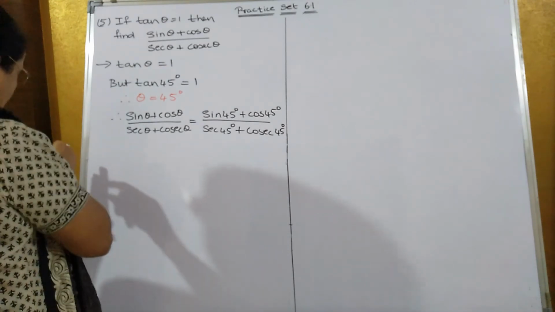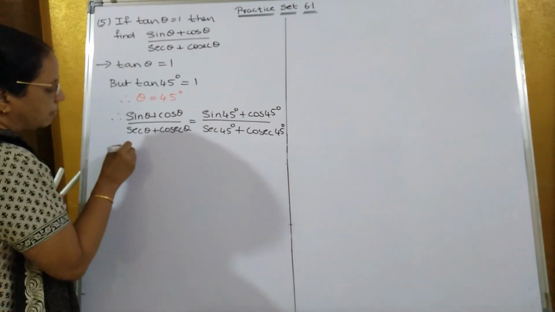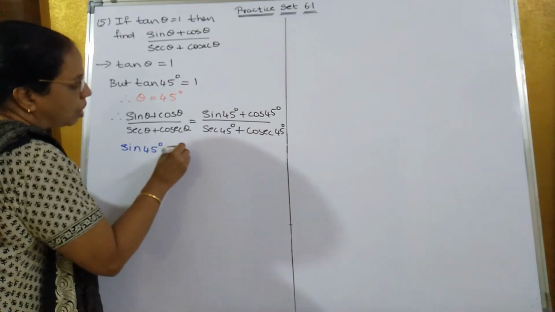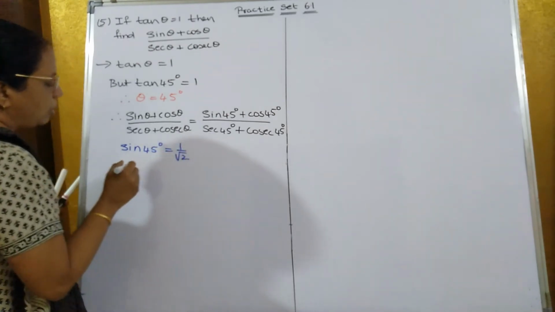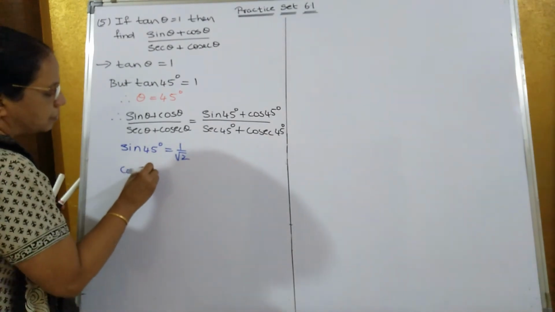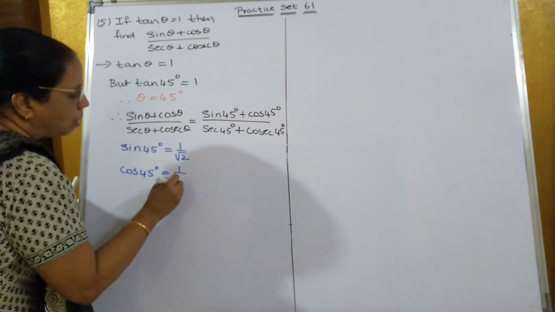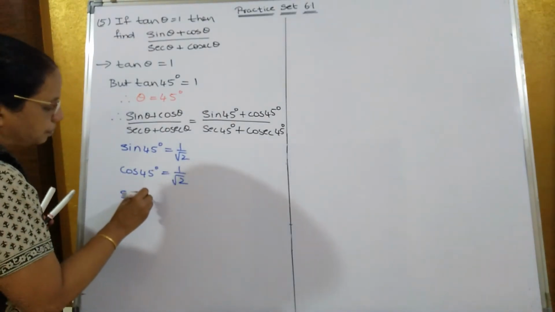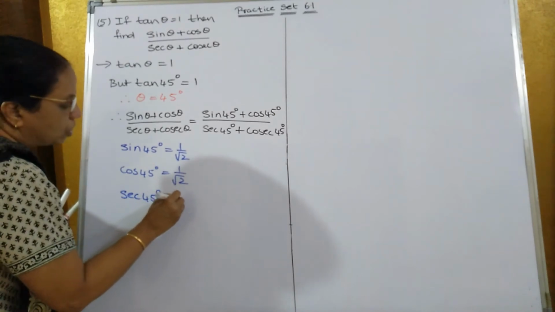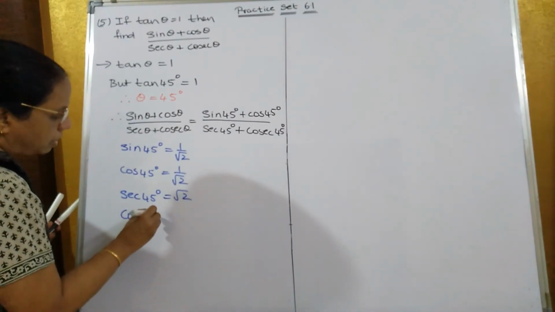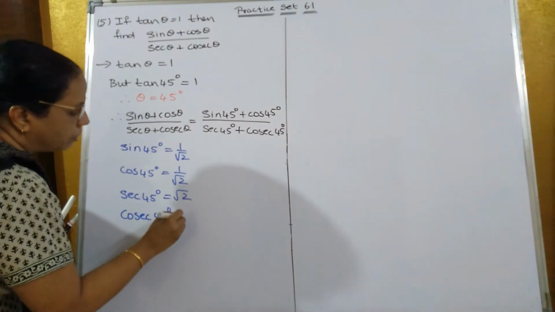Now we know that sin 45 degree is equal to 1 upon root 2. If you see the table, you will get the values. Cos 45 is also equal to 1 upon root 2. Sec 45 degree is equal to root 2, and cosec 45 degree is also root 2.